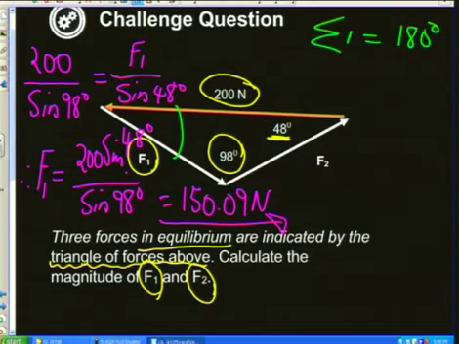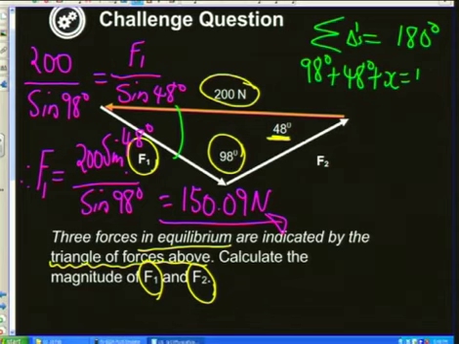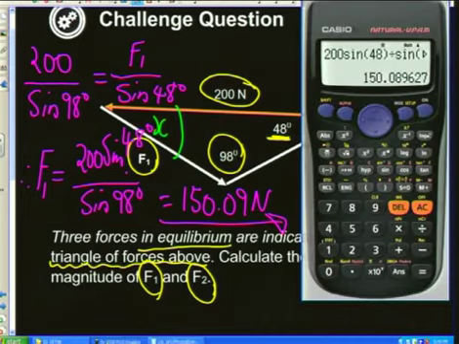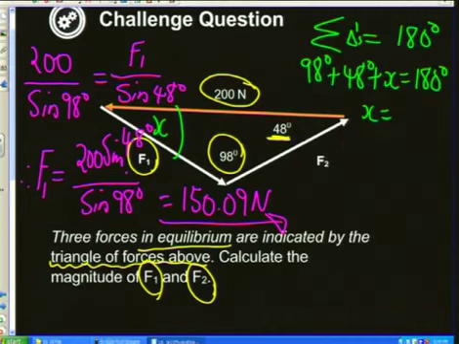So if I've got 98 degrees plus 48 degrees plus what I don't know, I must get 180 degrees. And what is it that I don't know? It is that x there. So you can actually work it out. That x is equal to, let's quickly get that.